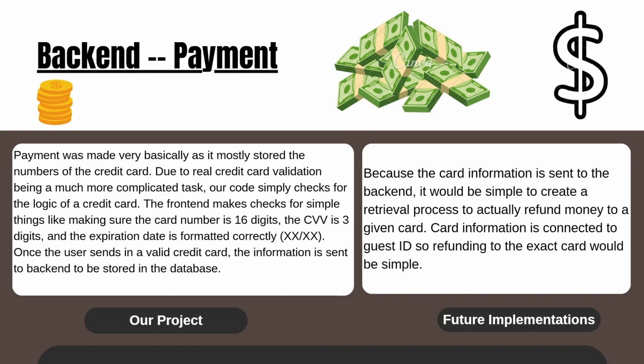And if the front end deemed all of the information was valid, it would be sent to the backend to be stored in the database. For future improvements, we can do things like real credit card information, and if a payment was attached, doing a refund would be simple since all credit card information is connected to the unique guest ID. So it would just be tracking that through the database.